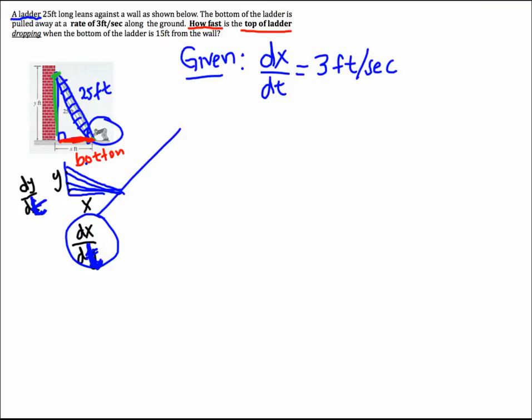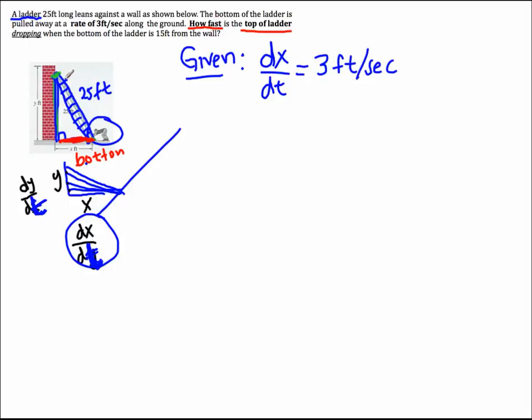So let's make sense of this. How fast is the top of the ladder dropping? So here's the top of the ladder, so it's going to follow this particular distance. It's going to start dropping this height. It's going to start moving down, sliding down, whatever word you want to use, but it's going to be sliding down. So that's what they want to know.